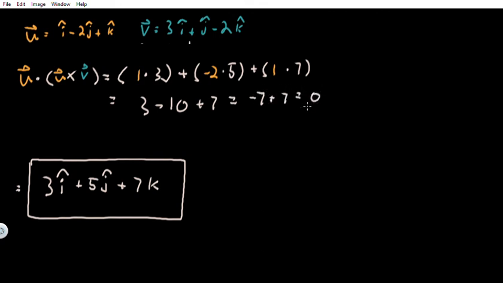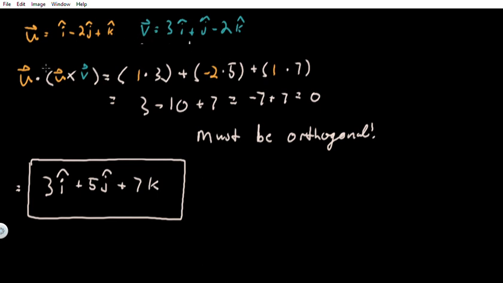And according to what we showed a couple of videos ago, if the dot product is 0, that means u and u cross v must be orthogonal. This is expected because we know the vector we get from the cross product is orthogonal to the plane containing u and v, so it must be orthogonal to both vectors u and v.